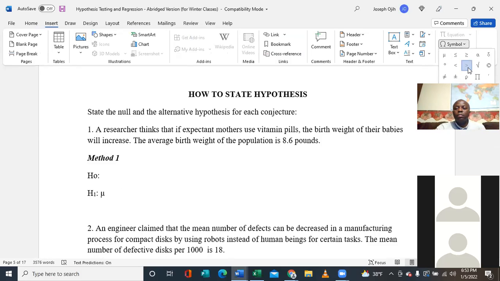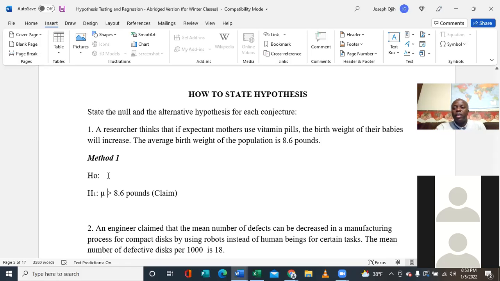So H1: the mean is greater than 8.6 pounds, because 8.6 pounds is the average, which is what he's claiming. He thinks that the weight will increase. That's his claim. Now, H0 says the opposite of this. So it would be less than, because H1 said greater than.